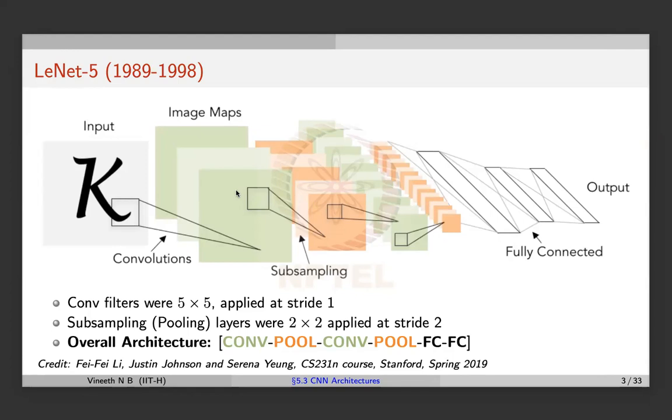how much you want to shift. If you want to shift by one block to the right, the stride is 1. If you want to skip this block and directly start at the third block, then the stride is 2.